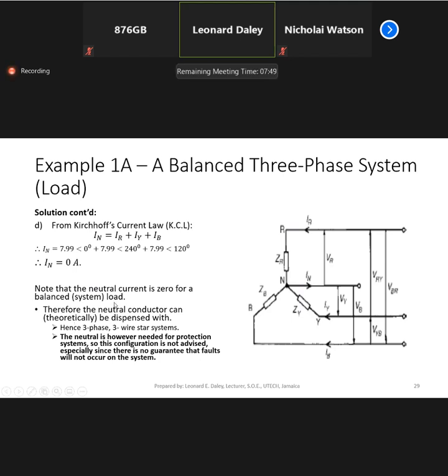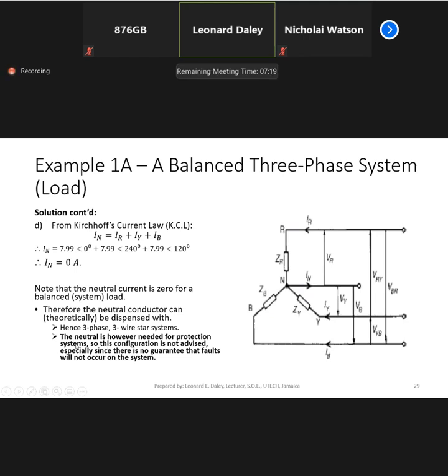You can have a three-phase, three-wire system, but that is not advisable, because a fault can develop on any one of your phases, and if there's no means of protecting the circuit, the system can burn with a fault current. The neutral is usually used in the protection of the system.